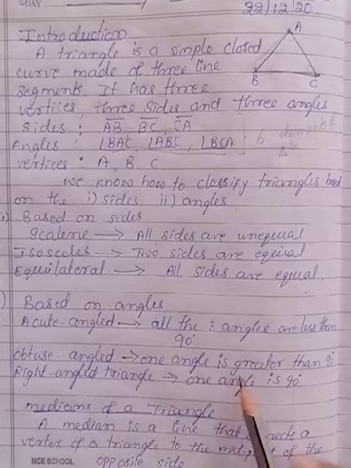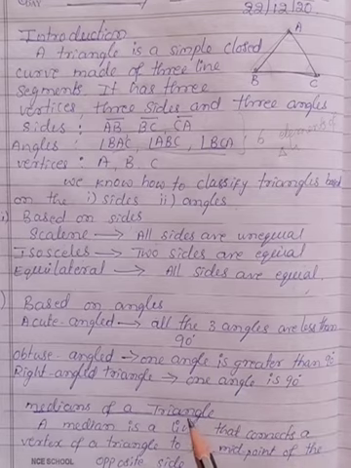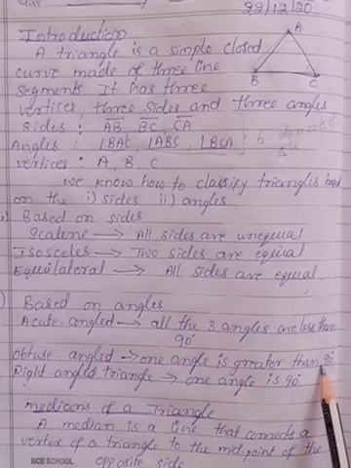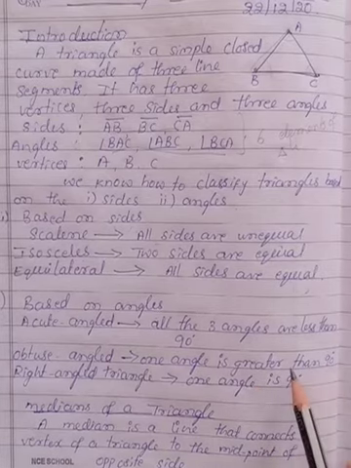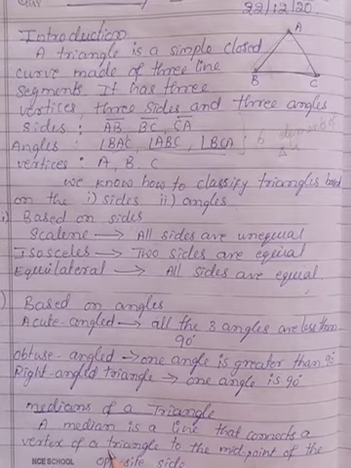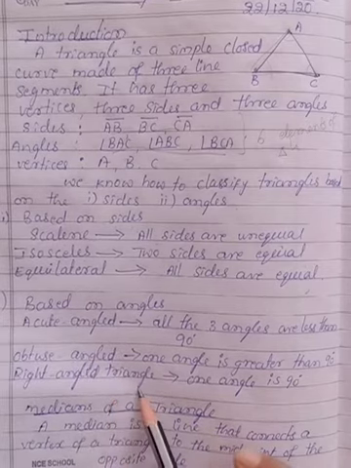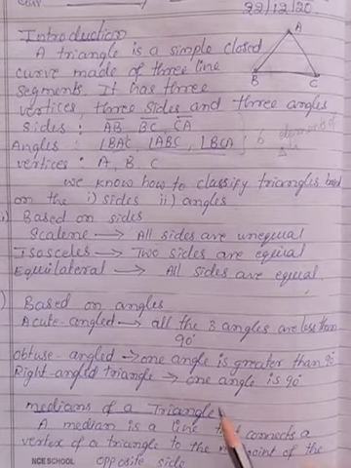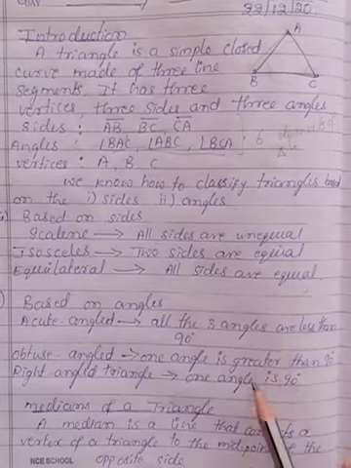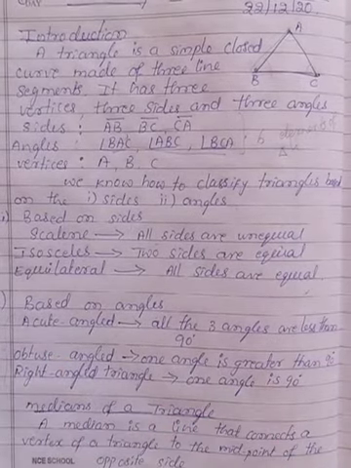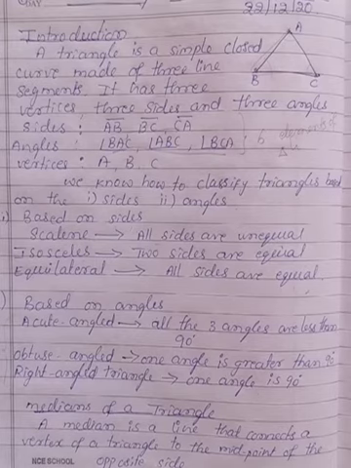One angle of a triangle is greater than 90 degrees, then such a triangle is called an obtuse angle triangle. A triangle in which one angle is 90 degrees is called a right angle triangle. So these are the three types of triangles based on the angles.